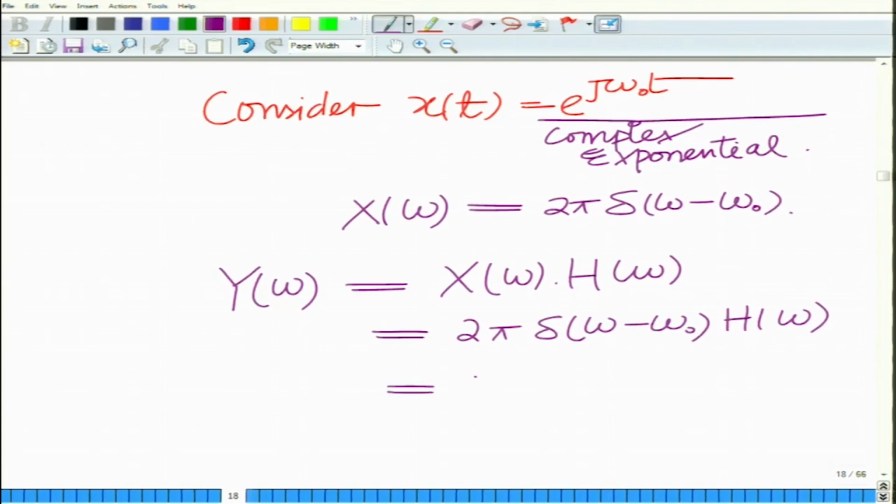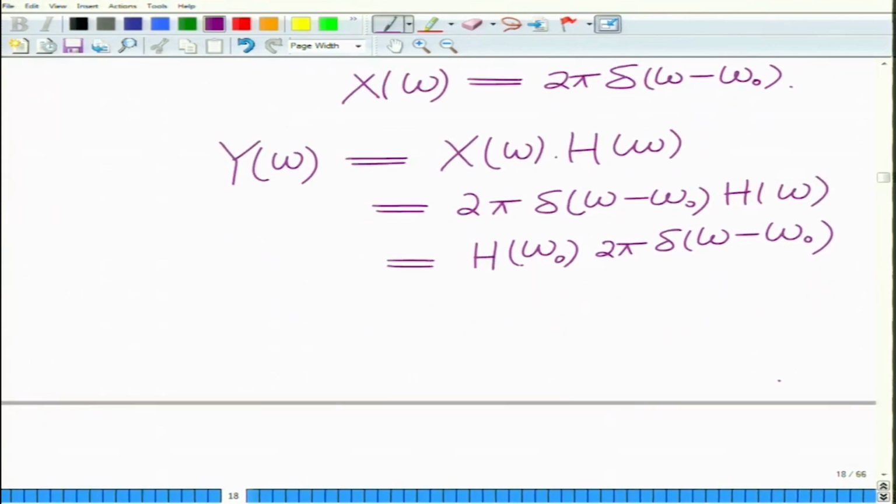And you can see this is nothing but, because delta of omega minus omega naught is 0 everywhere except where omega equals omega naught, simply H of omega naught times 2 pi delta of omega minus omega naught.